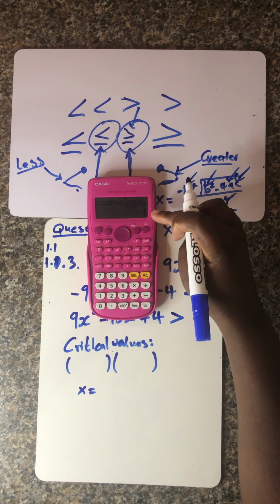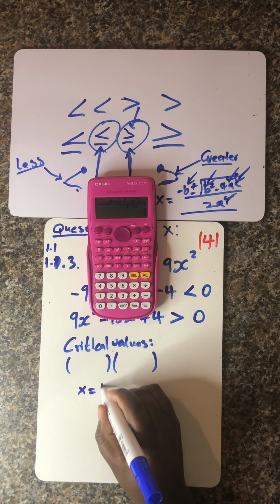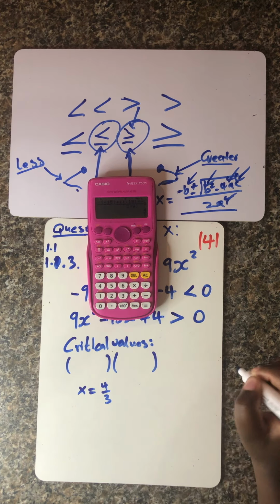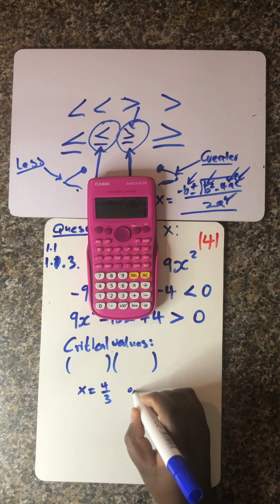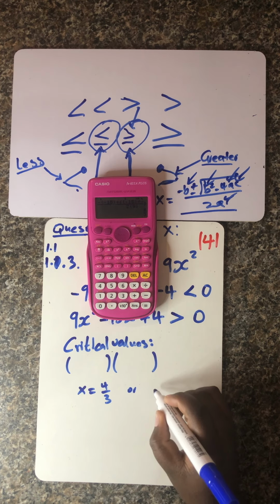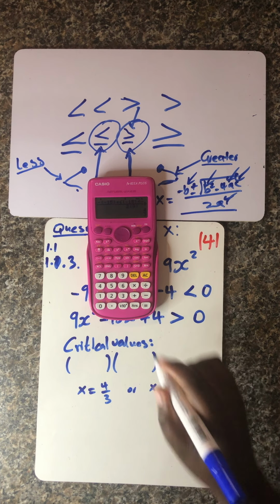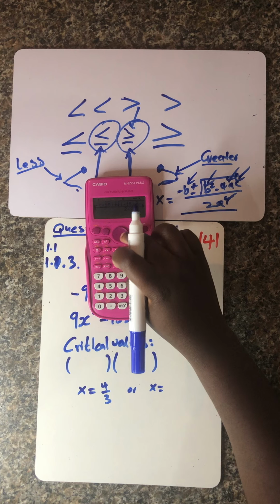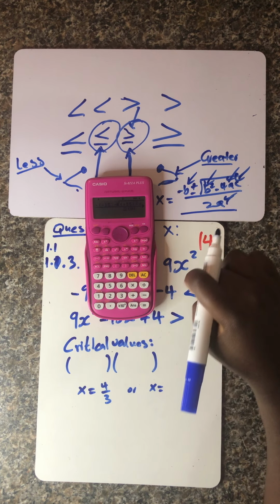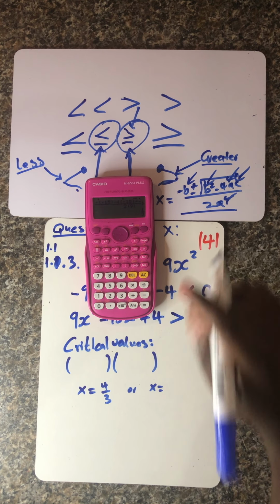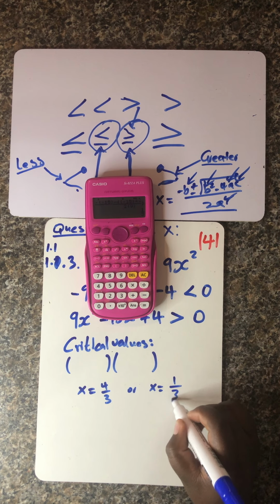Remember, I've just explained that this formula gives you the final answer for the critical values. So the first critical value is x equals 4 over 3. Then or x equals, you go back to that formula and subtract, and you get 1 over 3.